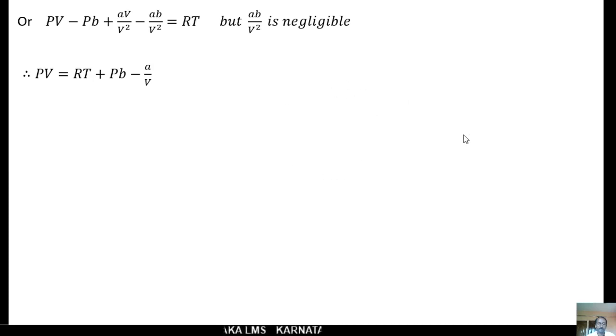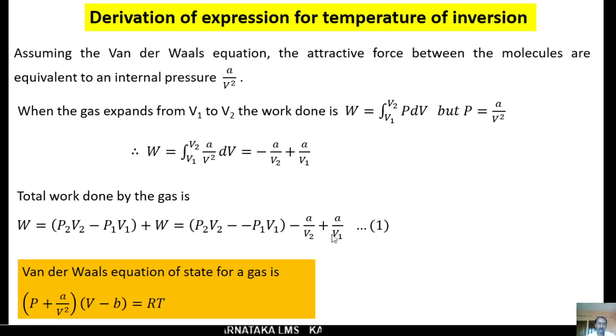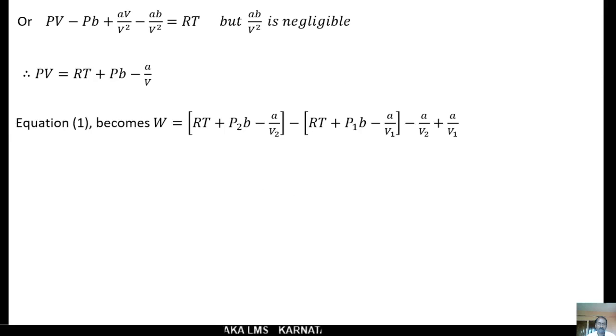Here in the previous equation 1, this P2 V2 minus P1 V1, we get this equation. Therefore, work done W equals B into P2 minus P1. From the above equation, take B outside, then it becomes P2 minus P1 plus 2A into 1 by V1 minus 1 by V2.